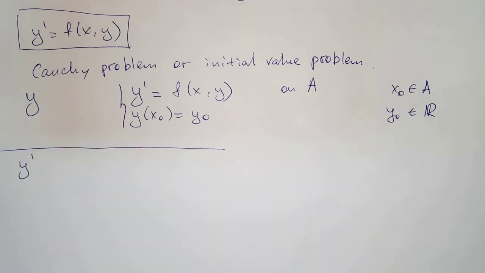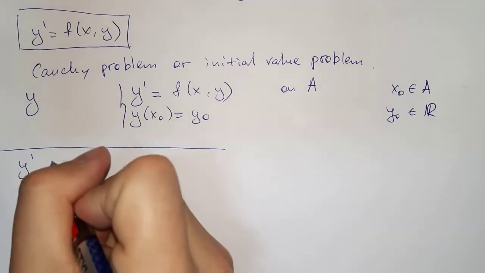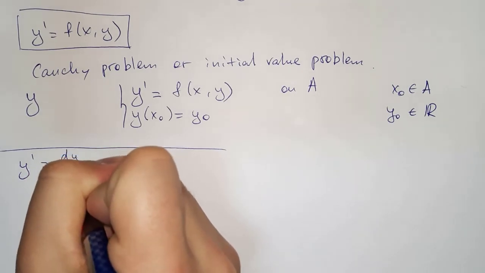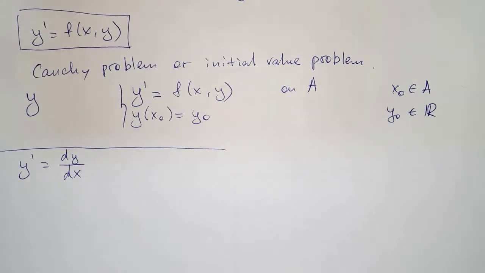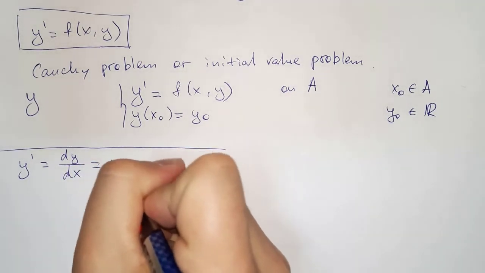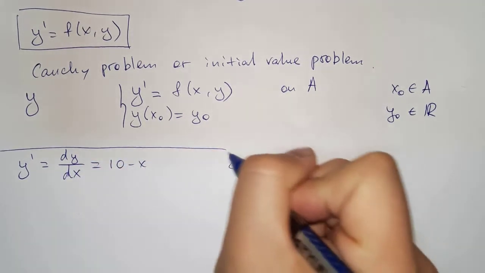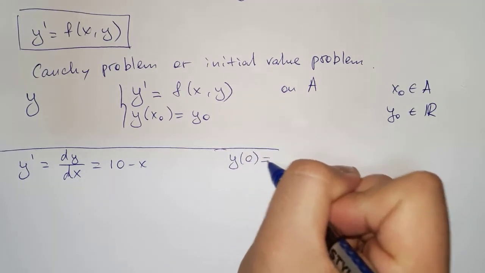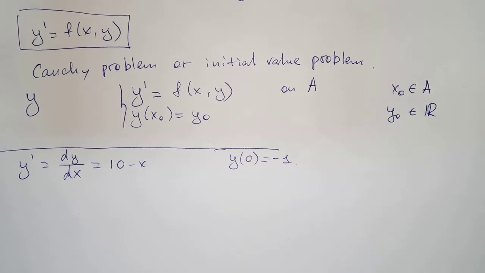The y derivative we can also write in differential form, dy over dx, which also means y derivative. It equals 10 minus x, and we have the initial value y of 0 equals minus 1. So we have to find the solution.